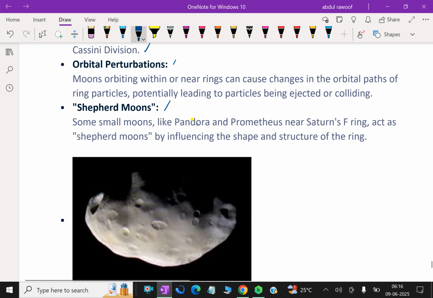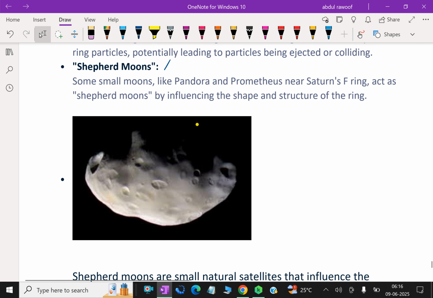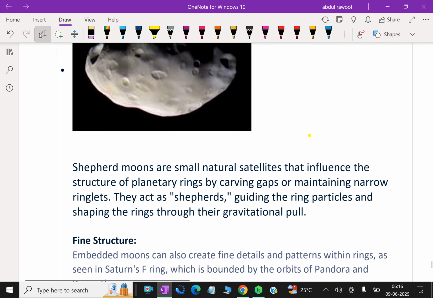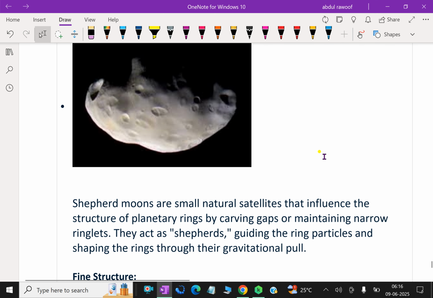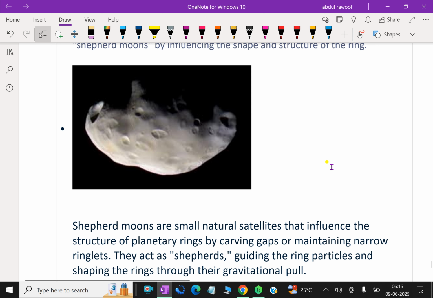Shepherd moons. What are they? Some small moons like Pandora and Prometheus near Saturn's F ring act as shepherd moons by influencing the shape and structure of the rings. Shepherd moons are small natural satellites that influence the structure of planetary rings by carving gaps or maintaining narrow ringlets.